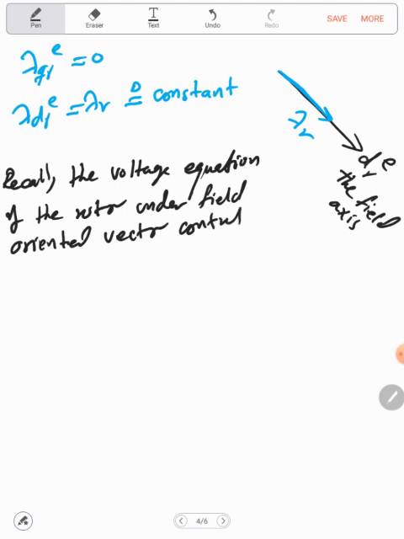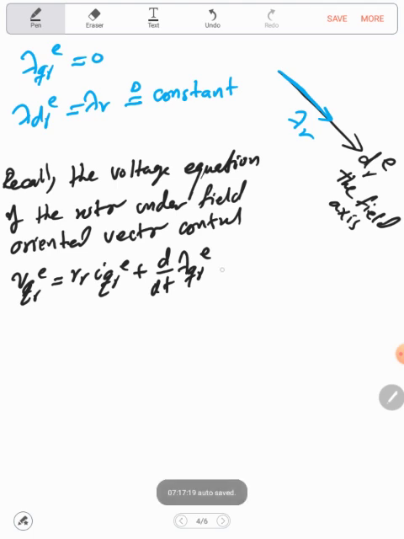First, VQRE is equal to RR IQRE plus d by dt of lambda QRE plus omega e minus omega r times lambda DRE.